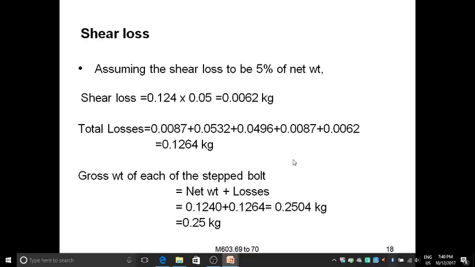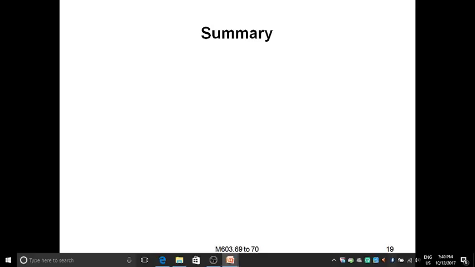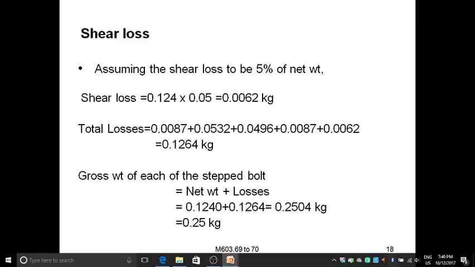So he is asked to calculate the weight only, right? But if the cost per kg is given, say 10 rupees per kg, you multiply this value with the cost and you will get the cost of the forging.